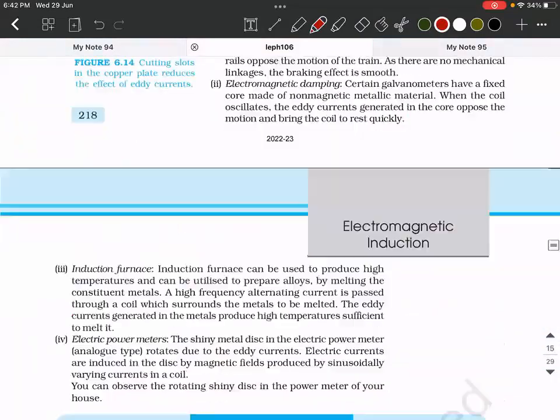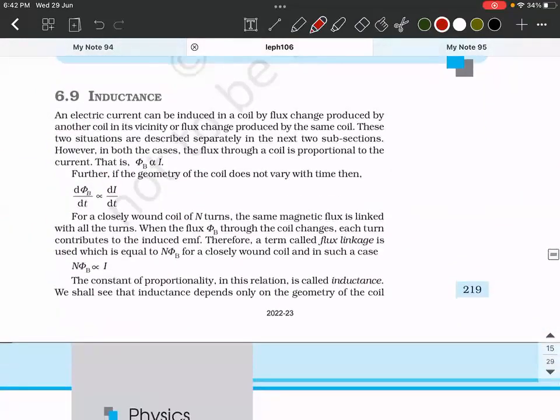Okay, eddy currents, I'll explain it later. Now we'll move to the next important concept that is called inductance. Shall we discuss what it is?